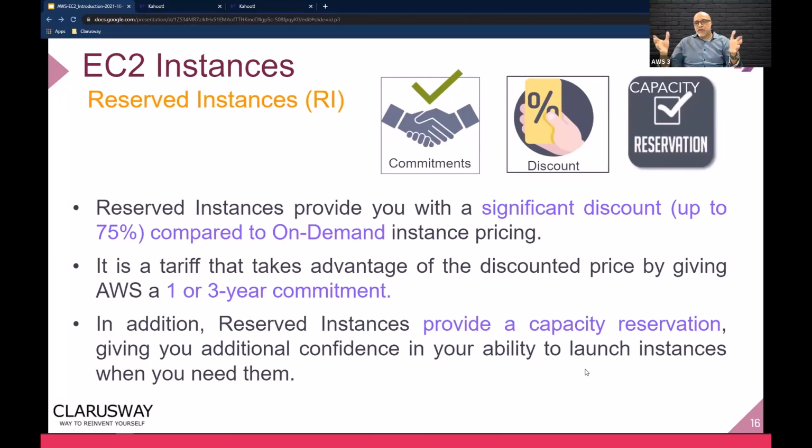If you haven't reserved anything, you only get capacity that's available. Now, I've never run into a situation where I wanted to run an instance and I couldn't get one, but it's possible. So if you don't reserve that capacity, then you're going to get whatever capacity is available. By reserving it, you're reserving that capacity as well. Okay.